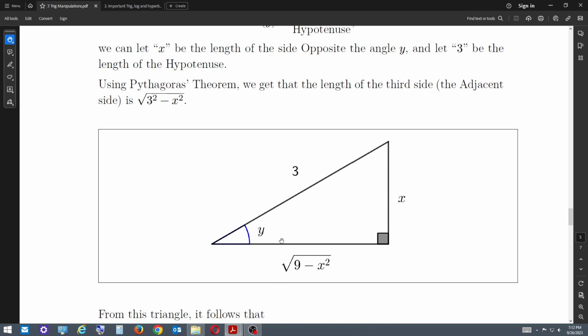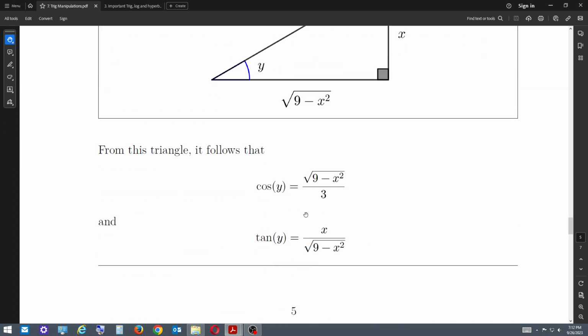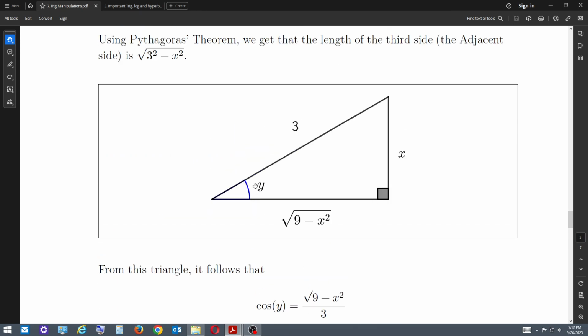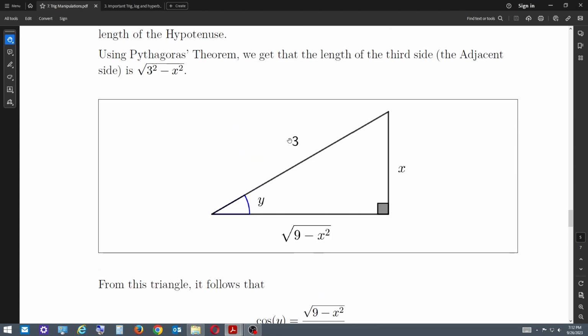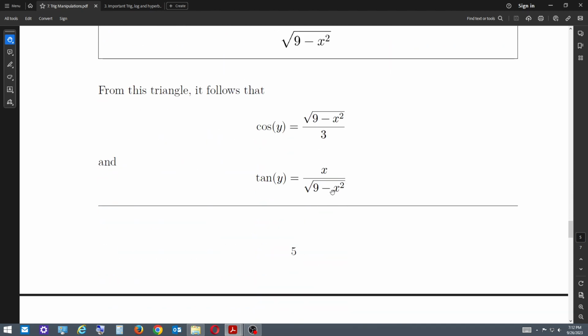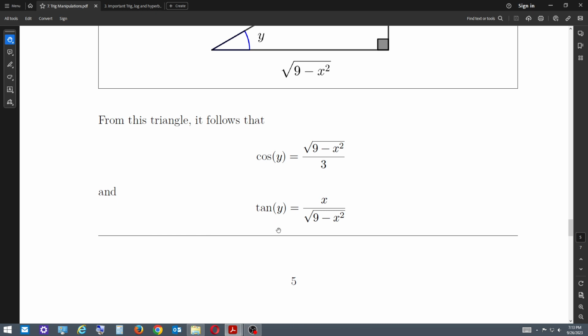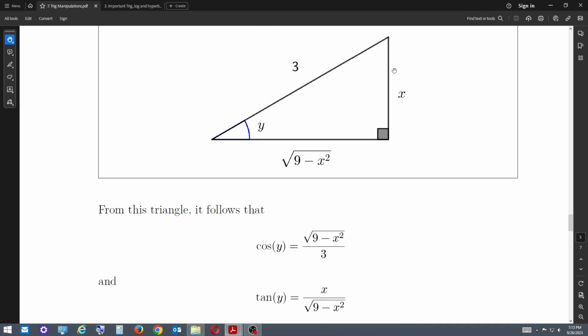Once I have this triangle, I can find cosine of y. Cosine of y is adjacent over hypotenuse, so it's just going to be the square root of 9 minus x squared over 3. And similarly, tan of y is opposite over adjacent. So x over the square root of 9 minus x squared. You can simply write those down because you know what these functions are in terms of the side lengths.